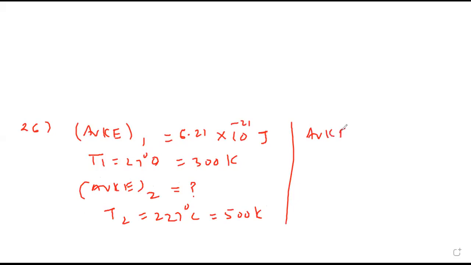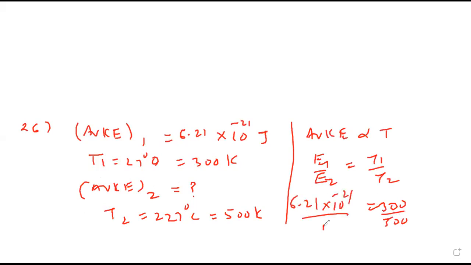Now, average kinetic energy is directly proportional to absolute temperature. So first energy upon second is T1 upon T2, that is 300 upon 500. This is 6.21 into 10 raised to minus 21 upon E2. So E2 equals 5 into 6.21 upon 3, into 10 raised to minus 21. 5 into 2 is 10, and 31.